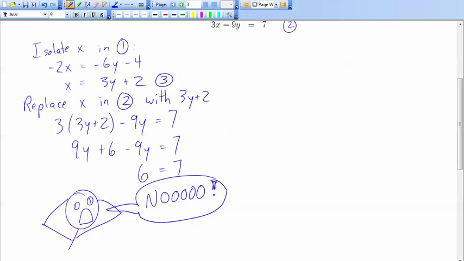So what's gone on here? Well, we made a fundamental assumption when we start to solve this equation. The assumption is that a solution actually exists. So based on that assumption that there are x and y values that will satisfy this system of equations, we went and proceeded. But we certainly ended up with a contradiction.